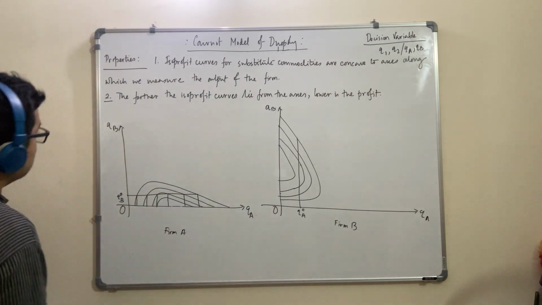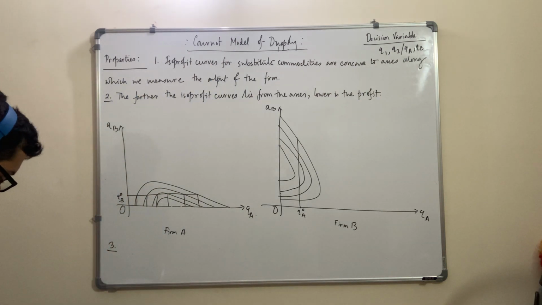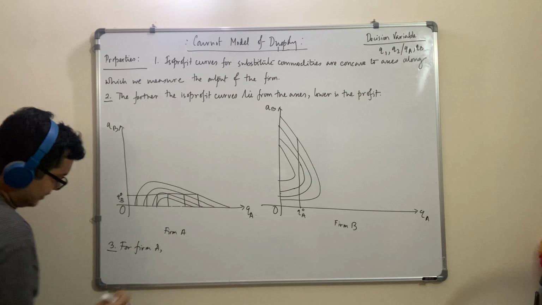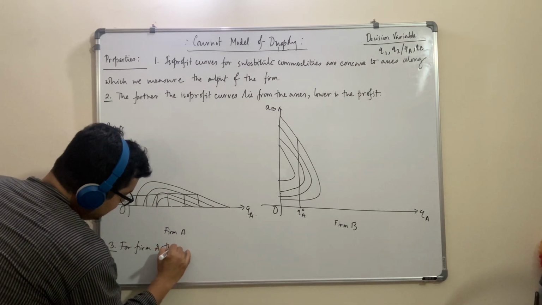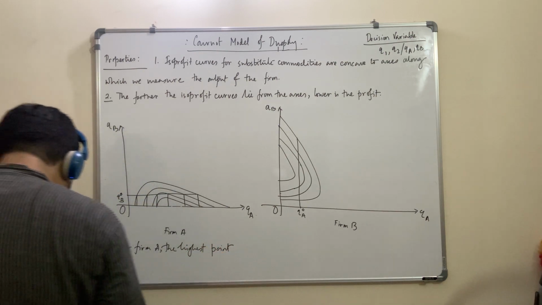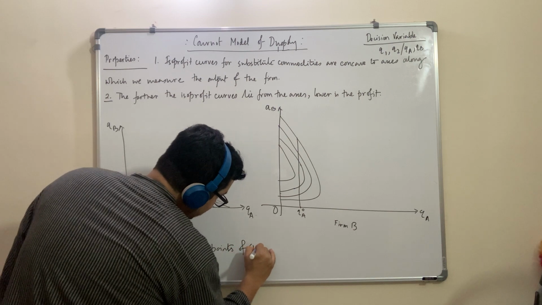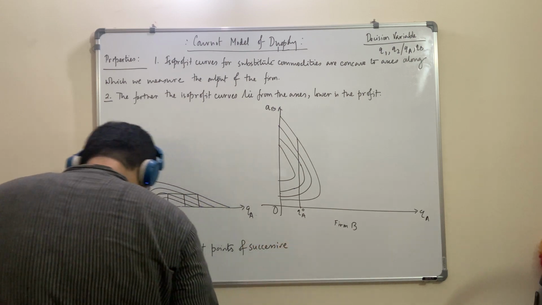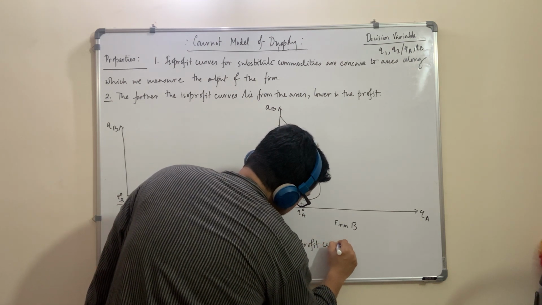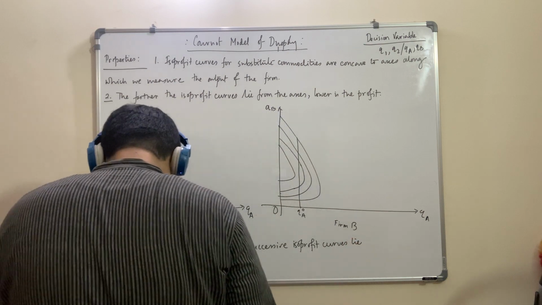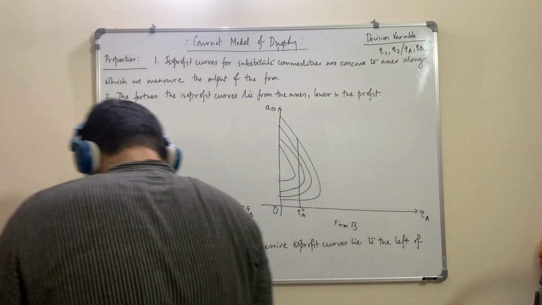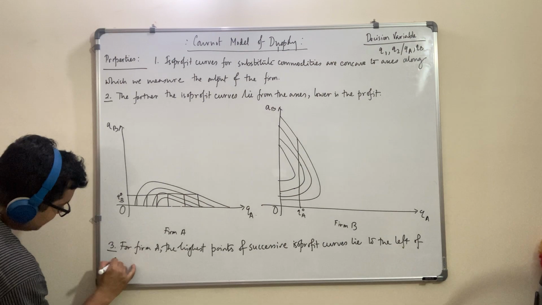Now number 3 is that for firm A, so we are being specific, the highest points of successive isoprofit curves lie to the left of each other.